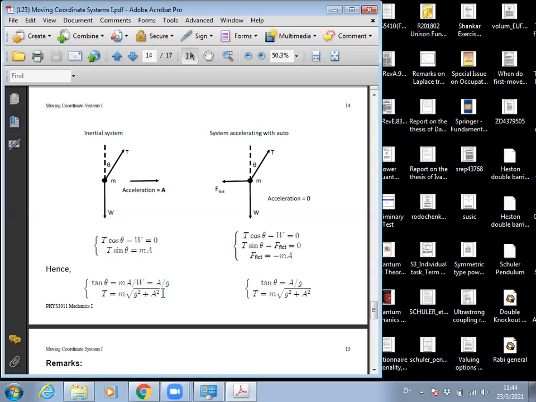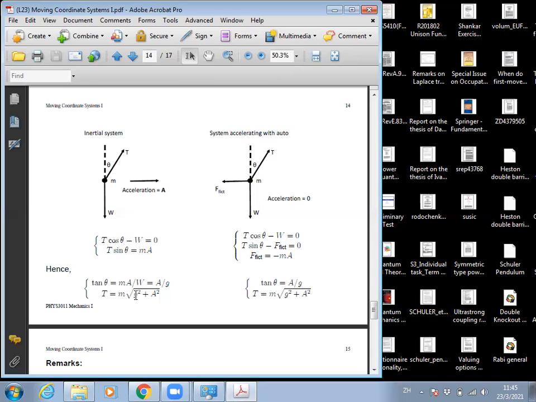And how about the tension? Once we obtain the angle, we can substitute it back into these expressions here and obtain the T, all right? So say for example, once we know tangent theta, then we can derive sine theta by means of the trigonometric identities.